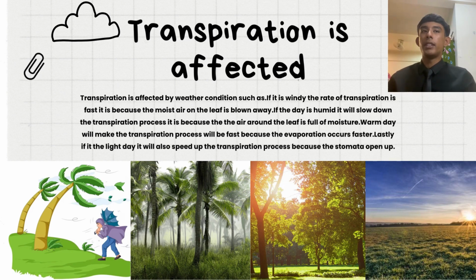If the day is humid, it will slow down the transpiration process because the air around the leaf is full of moisture. A warm day will make the transpiration process fast because evaporation occurs faster. And last, if it is a light day, it will also speed up the transpiration process because the stomata open up.